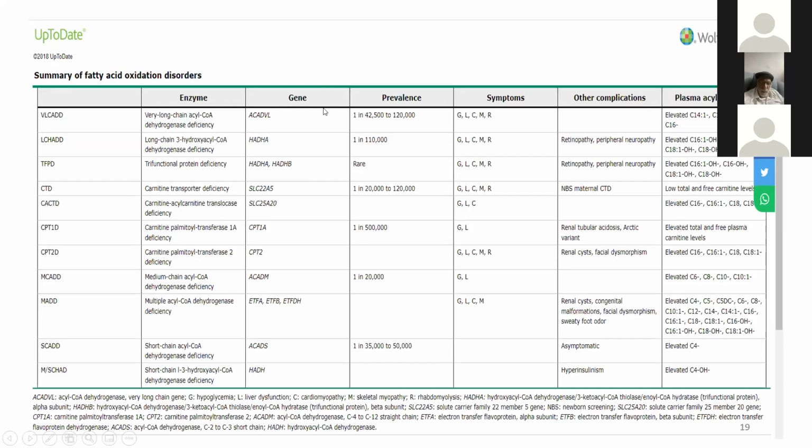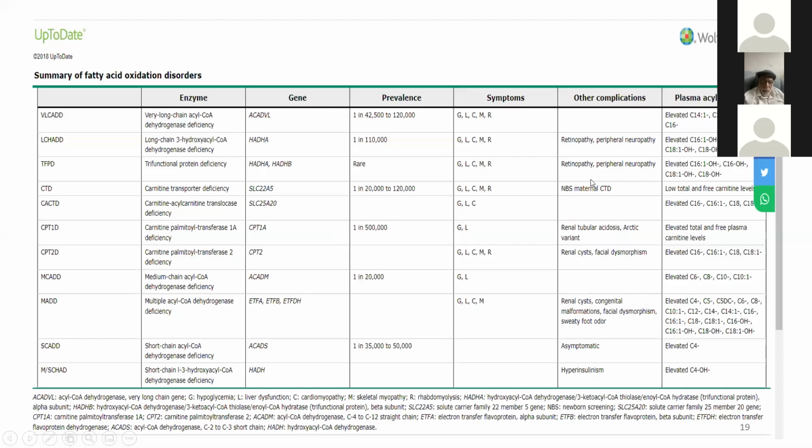This is the gene defect. This is the prevalence. These are the symptoms named after the site of organ: L for liver function, G for glycemia, hypoglycemia, M for skeletal myopathy, R for rhabdomyolysis, C for cardiomyopathy. And these are the complications.